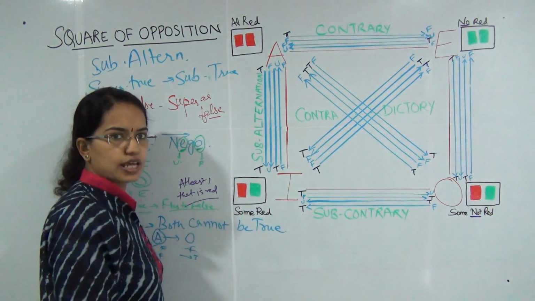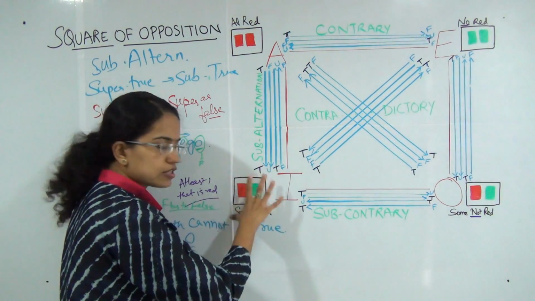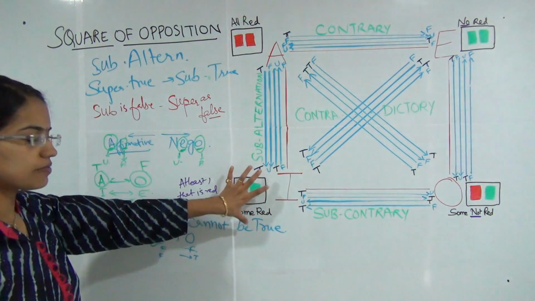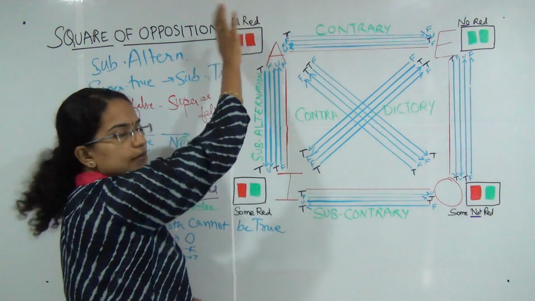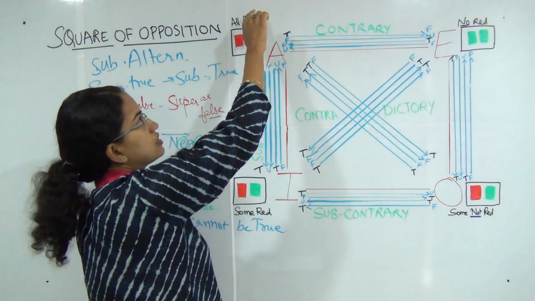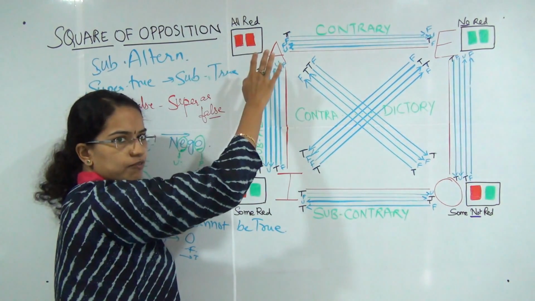This can be true, this can be false. And the other thing to note here is, if sub is false, this has to be false. If this statement is false, this automatically becomes false. But if this statement is true, I cannot say the truth value of this. It can be true, it can be false.